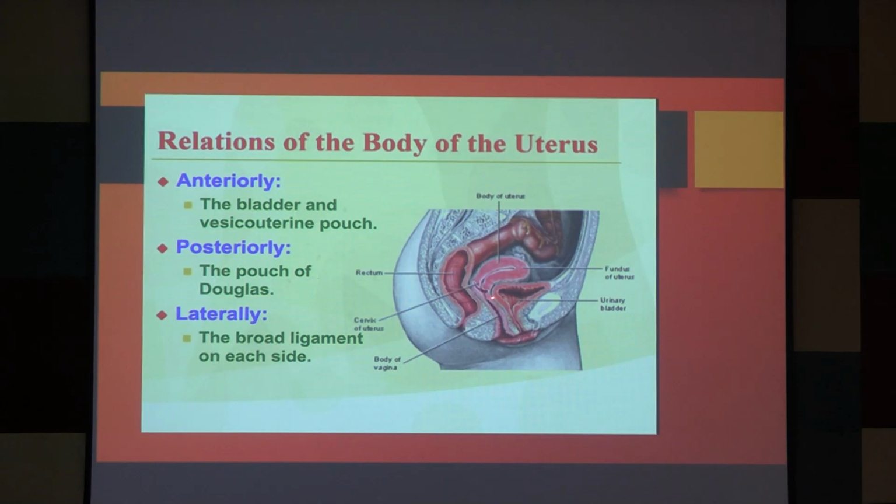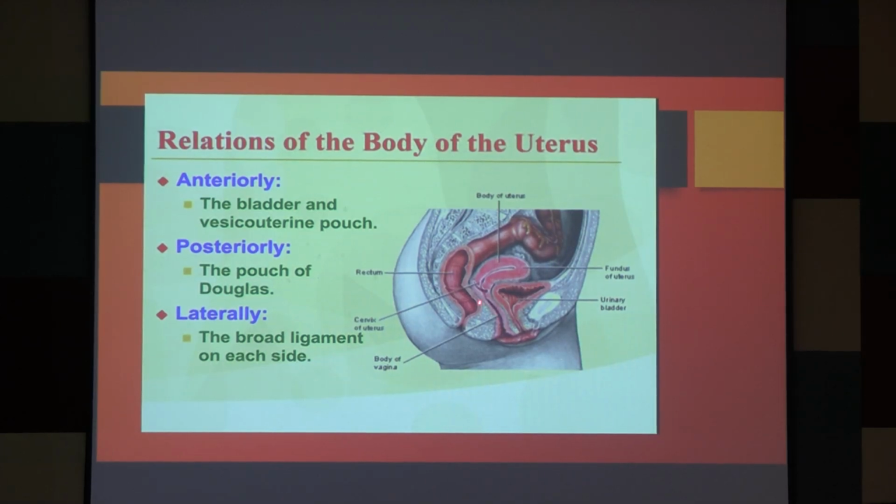If you don't keep in mind that the bladder is related here, you will not be able to identify the bladder, because it is deflated. If you have the knowledge, you cut the loose peritoneum which is attached, then push the bladder down. Only then will you be able to save the bladder, otherwise you will cause injury to the bladder. So that is the anterior relation.